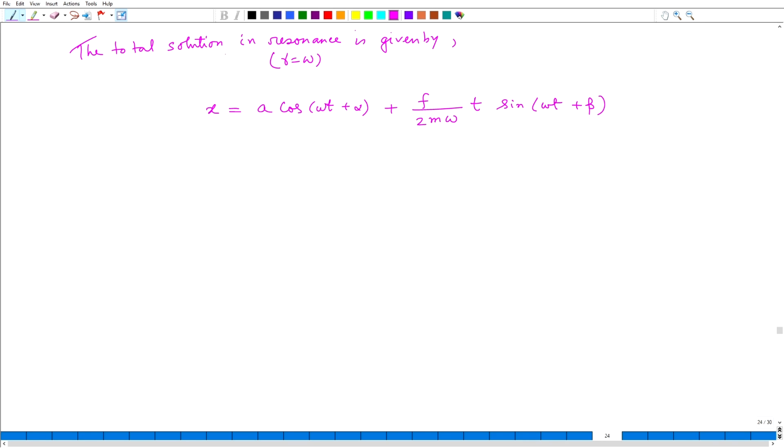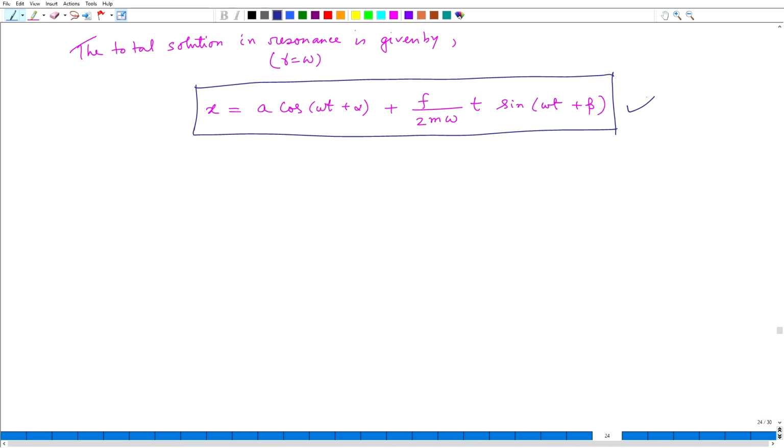And here for every such expression in resonance, you can invariably change omega and gamma. So all the omegas can also be written as gamma. So for example, you can also write a cos gamma t plus alpha plus f by 2 m gamma t sine gamma t plus beta. Okay, that is also equivalent.